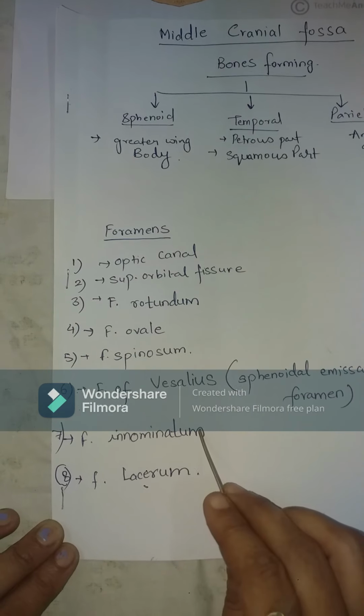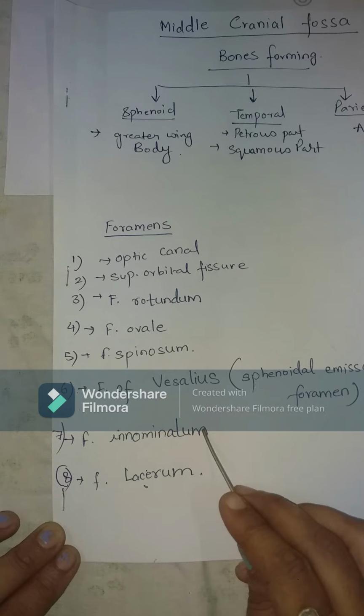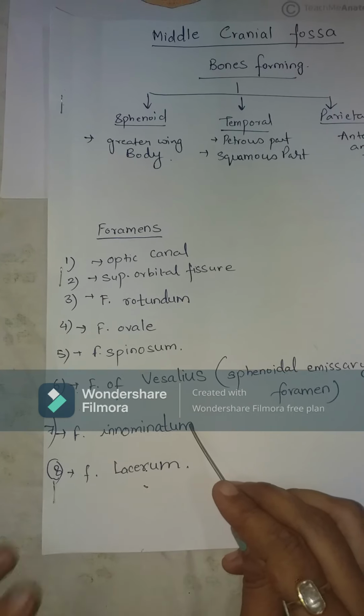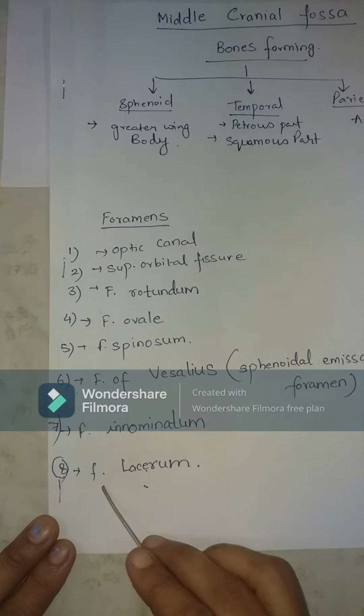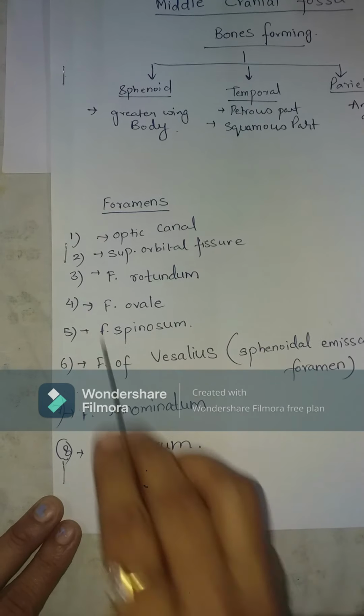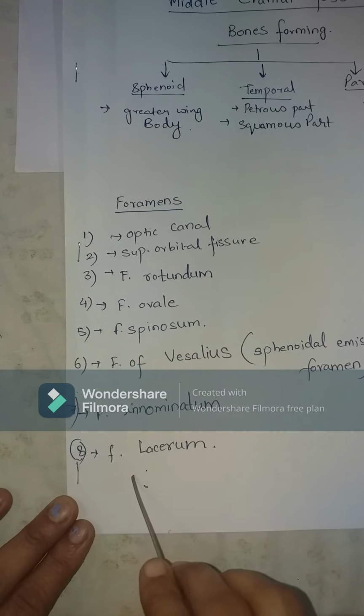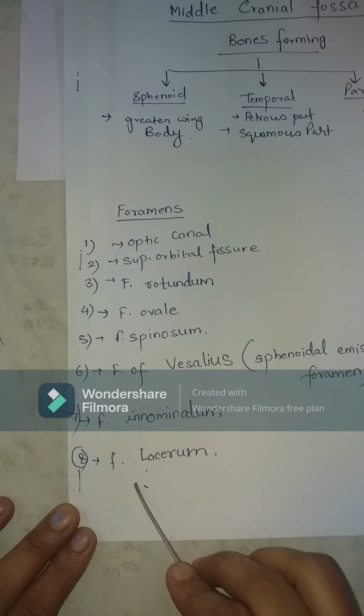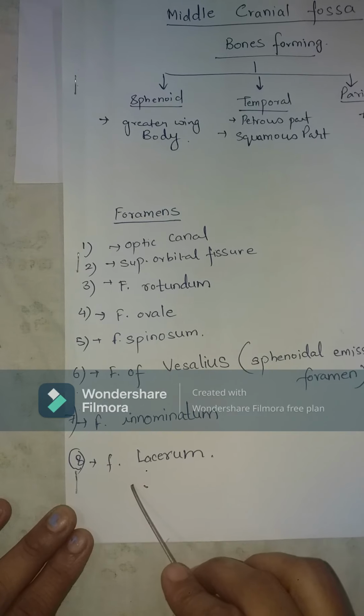They are inconstant foramina, but if you are doing very well in your examination, the teacher will ask you about these. And finally, foramen lacerum. So we need to identify these foramens, and also understand what structures pass through these foramina.